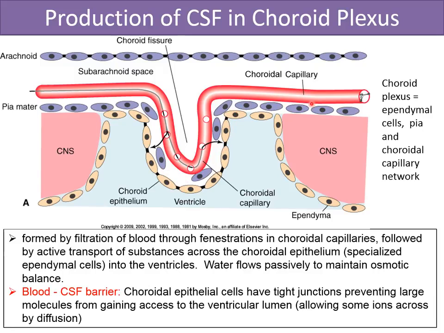And these choroid capillaries then allow some movement, filtration of blood through fenestration, small holes in the choroid capillaries, as well as some active transport across the choroid epithelium. And that then flows into the subarachnoid space and produces the CSF in that choroid plexus.